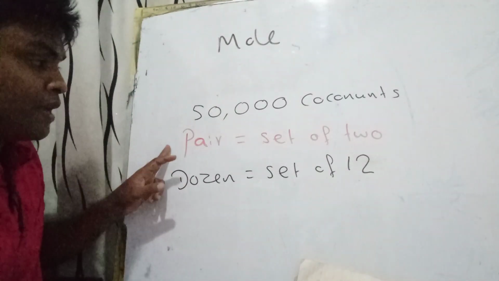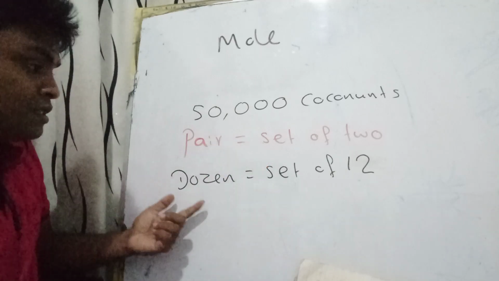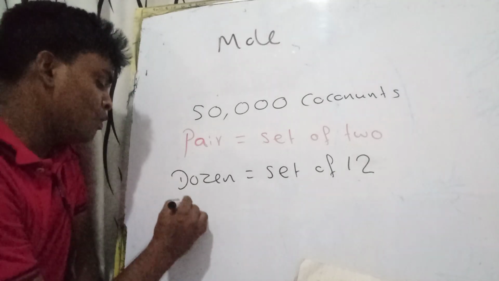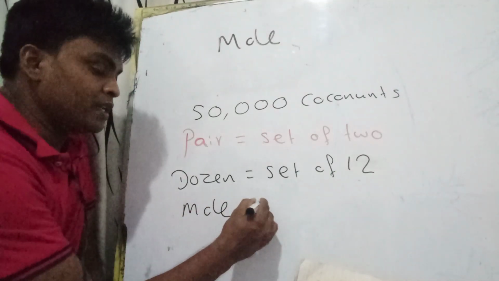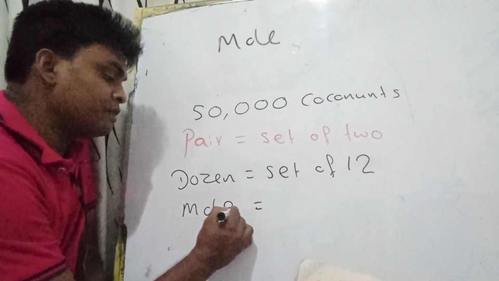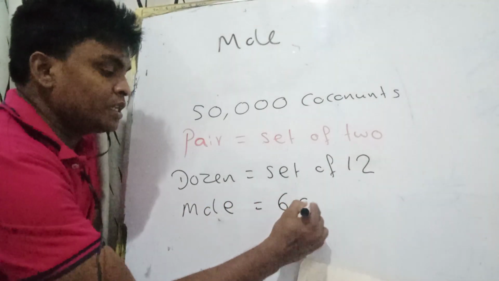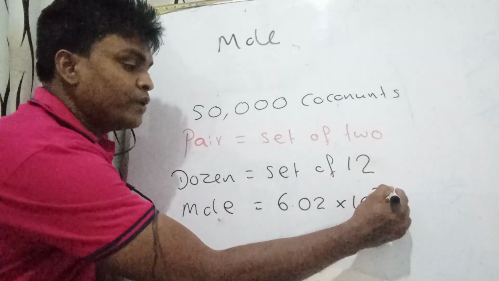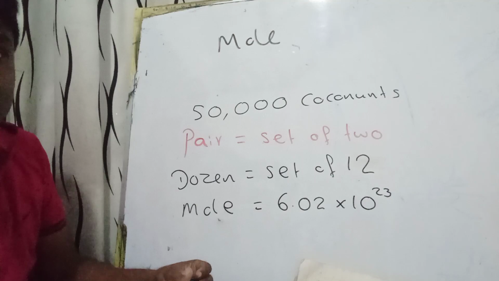Like that, as pair is a set of 2, as dozen is a set of 12, we can say mole is how much? Mole is a very significant number. Mole is equal to 6.02 into 10 to the power 23 particles of items.